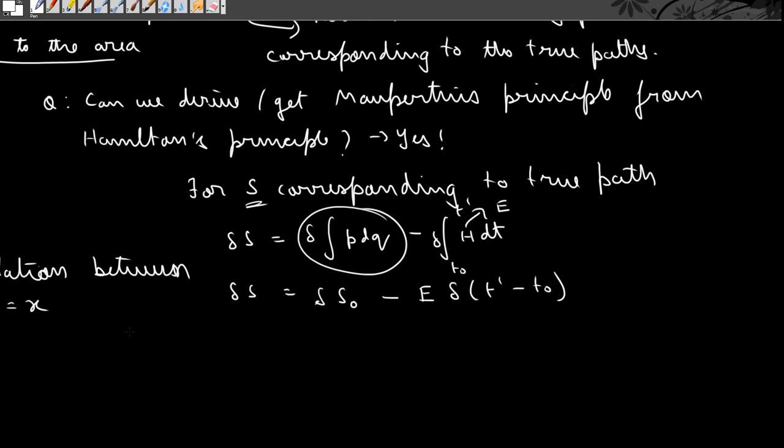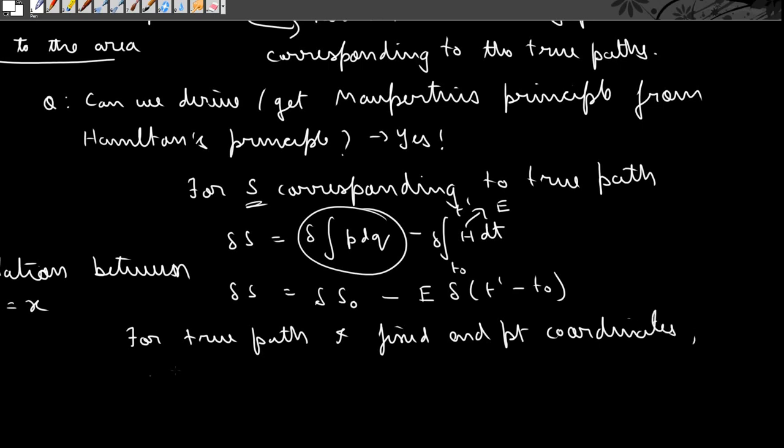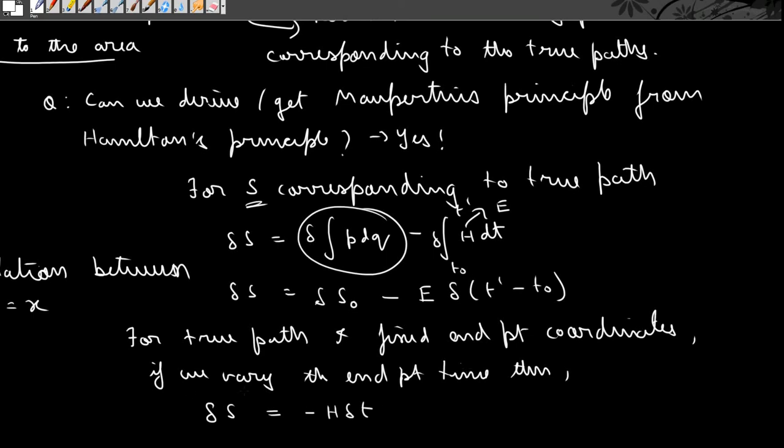But we know that for the true path and fixed endpoint coordinates, if we vary the endpoint time, then our variation in S corresponding to the true path is related to the variation in the endpoint time by the relation given by this.